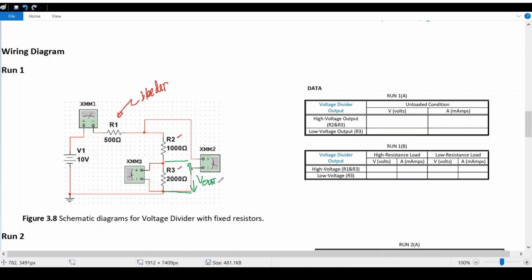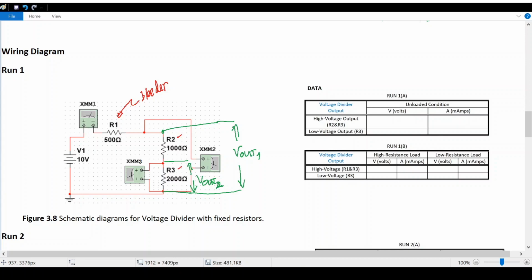This is output 1 for low voltage output, and here we have an output 2, or let's say V out. This is V out 1 and this is V out 2 for high voltage output.